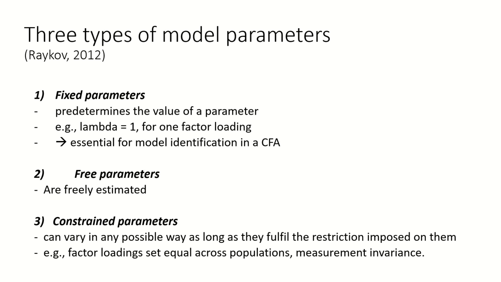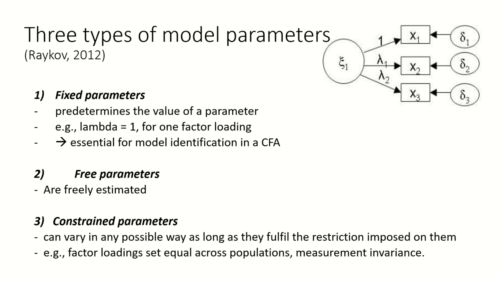So, for example, we could say, please estimate these factor loadings, but all the factor loadings are set to be equal across populations. Essentially, we're going to estimate the factor loadings, but we force all the factor loadings to be equal across all the different cultural data sets that we have. This is something that will be very, very important once we start talking about measurement invariance.